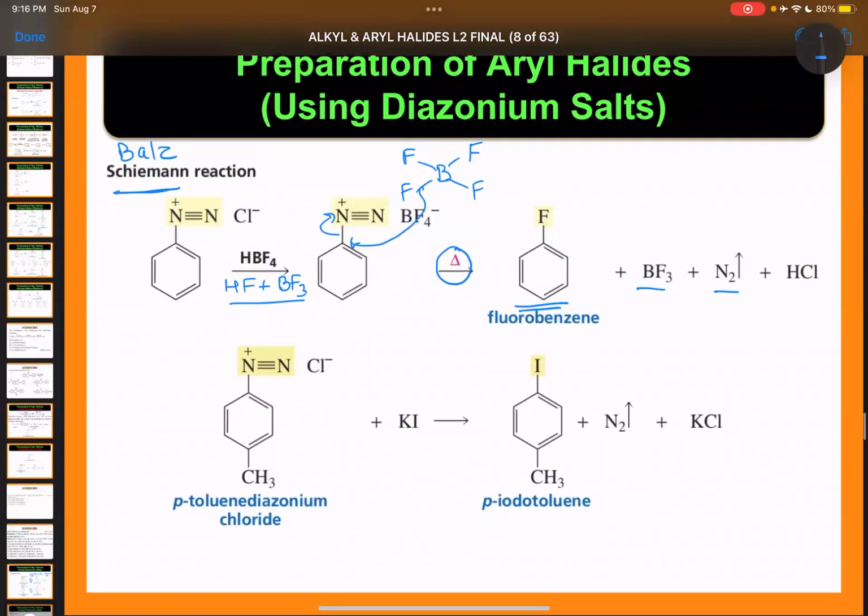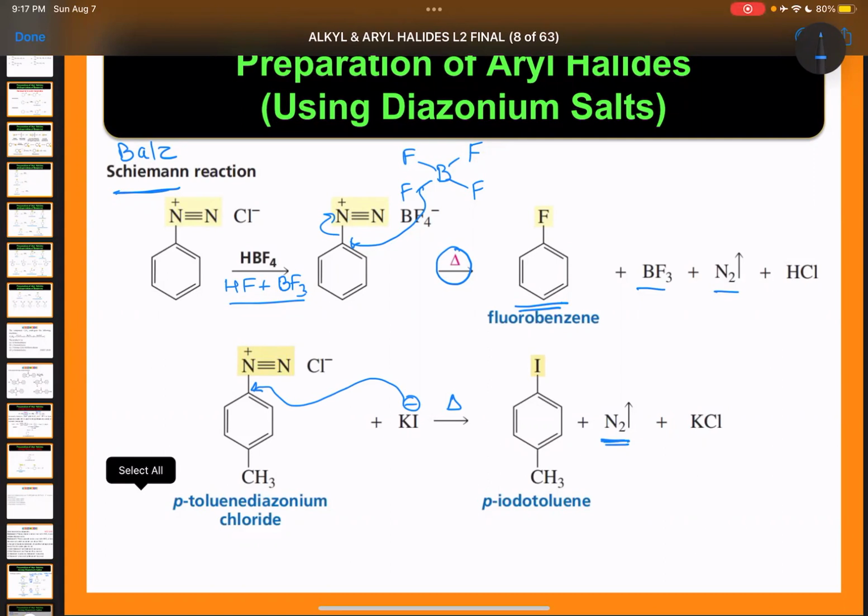So iodobenzene also, instead of preparing directly from benzene, you first prepare a diazonium salt from benzene by doing nitration, reduction and reaction with NaNO2 plus HCl, and that diazonium has N2, and you heat it with KI. Once it is heated, I minus will come and attack, N2 will come out, and I minus will join itself to the benzene.